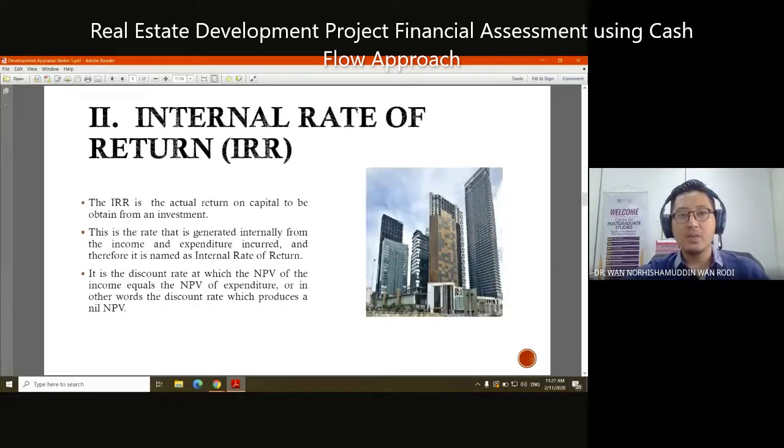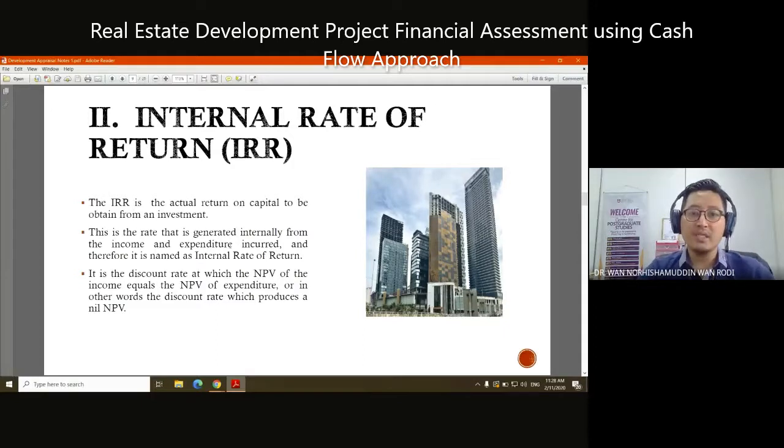Okay, and then we look into the internal rate of return, IRR. So the IRR is the actual return on capital to be obtained from an investment. In this context, we can also define IRR as the return on investment, ROI, rate.